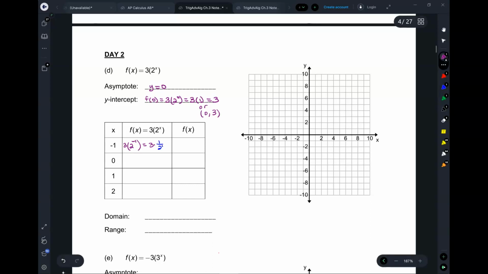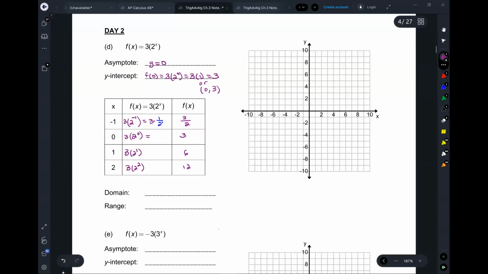So that will be 3 over 2. And then I just did this. 3 times 2 to the 0 is 3, we said. 3 times 2 to the 1 is 6. 3 times 2 to the 2 is 4 times 3, 12.